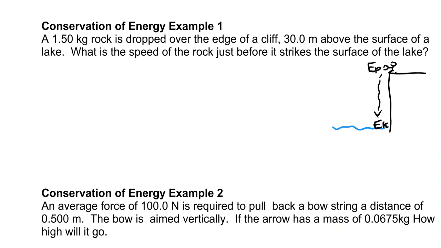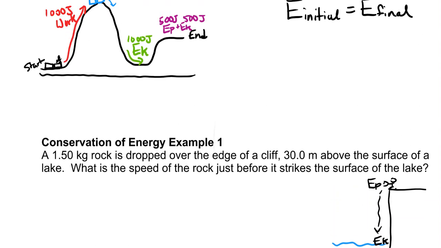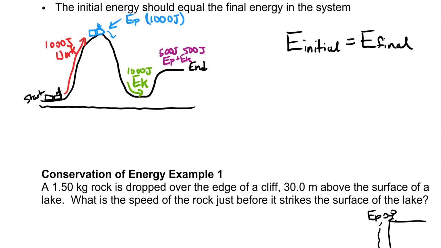So one thing I kind of forgot to mention here is that this roller coaster situation is a little bit ideal in the sense that, obviously, we're going to lose some energy along the way. We're going to lose some energy because of friction between the wheels or the casters on the roller coaster and the rods that are holding it in place.